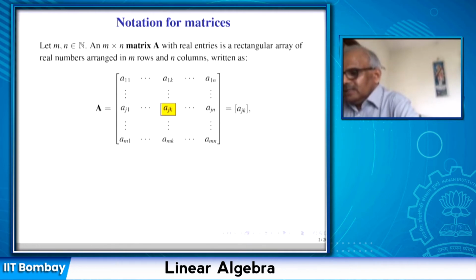The general entry is denoted by AJK, and AJK represents the entry in the jth row and kth column. When we write AJK surrounded by square brackets, we mean that the general entry displayed in the square brackets is in the jth row and kth column.